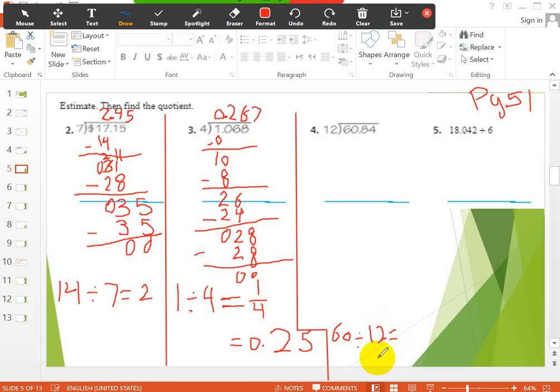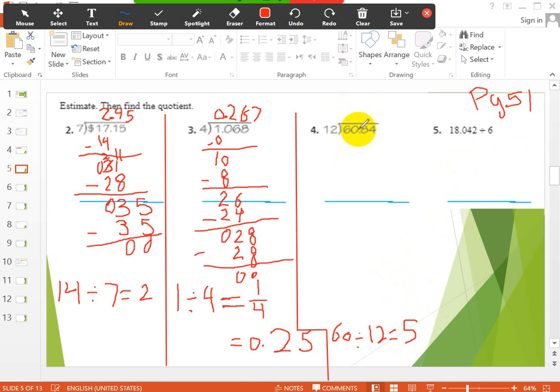Divide 60 by 12. It will give you a quotient equal to 5, right? Excellent. Thank you, Mariam. That's right. So 60 divided by 12 equals 5. So the first digit in the quotient will be 5. So this estimation will help me.